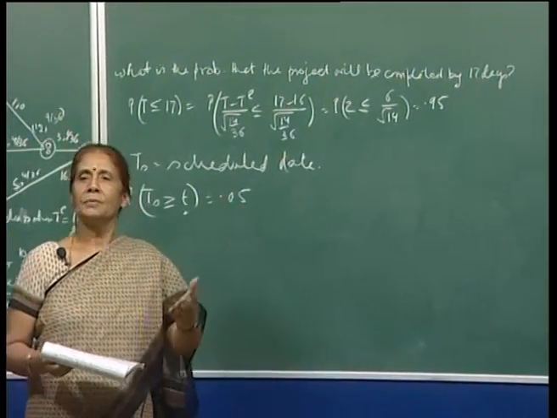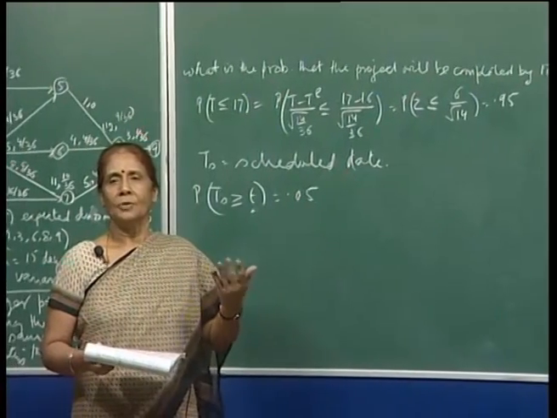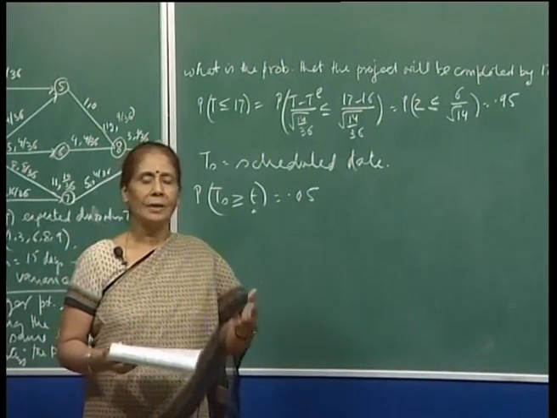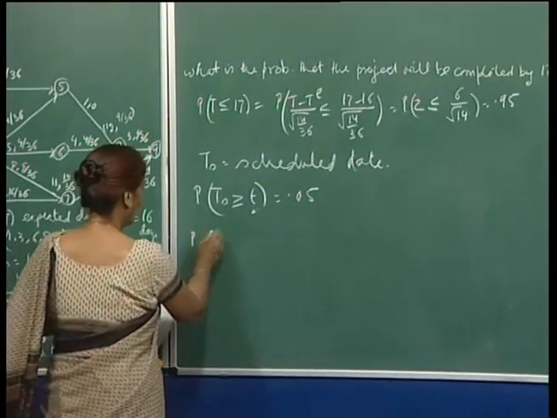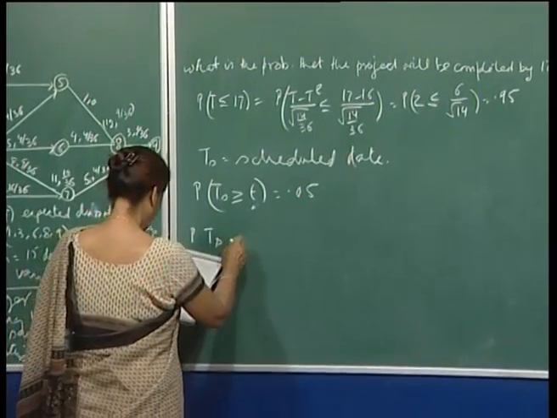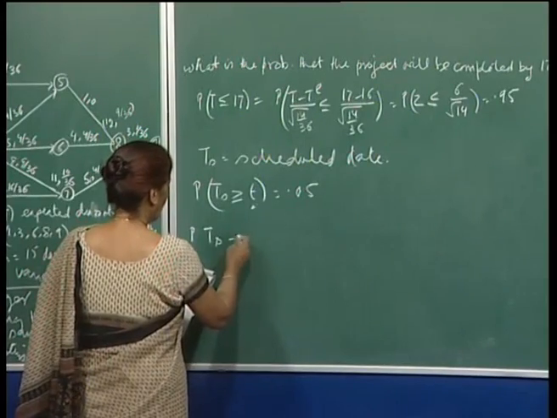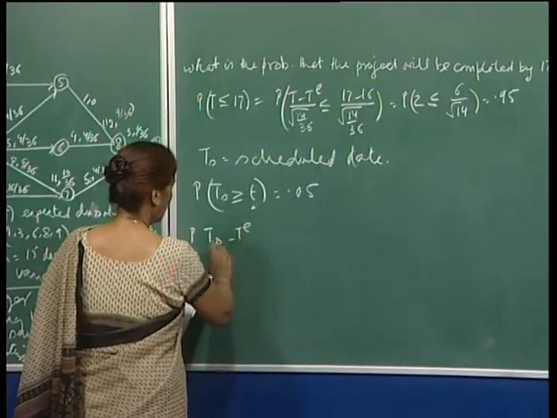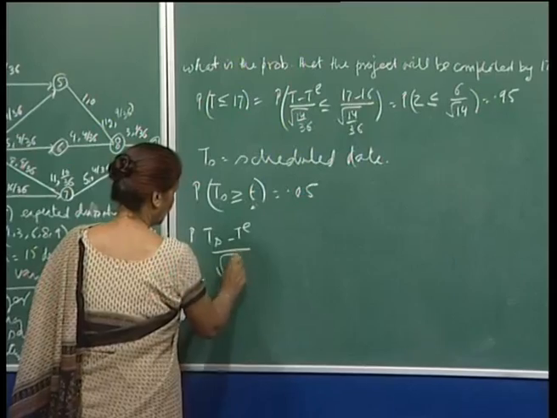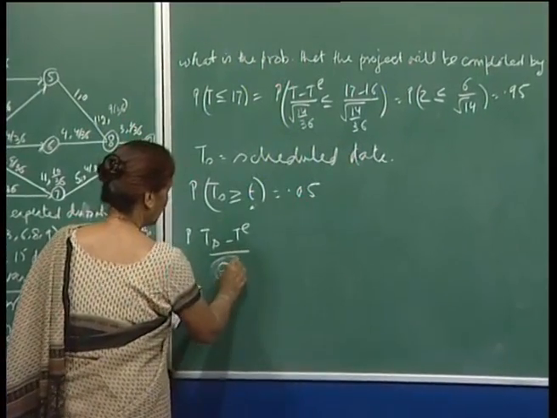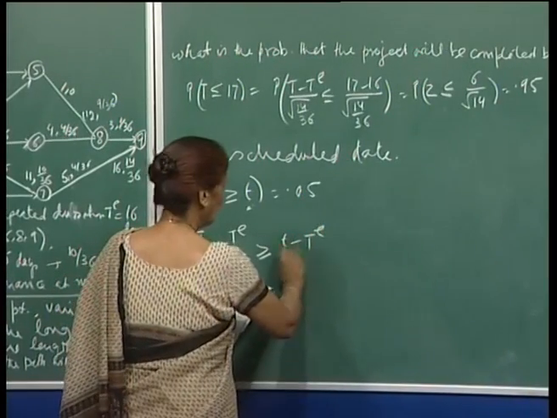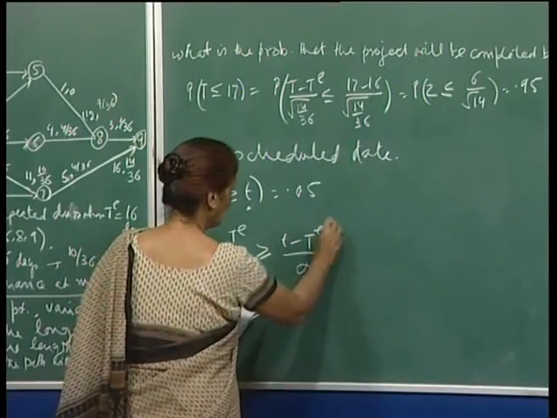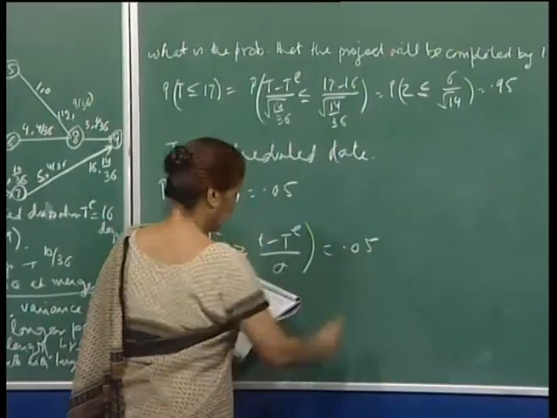That means the probability of completing the project would be 0.95. So, again you will say probability of (T s minus T e) upon sigma, which is greater than or equal to (T minus T e) upon sigma, should be 0.05.